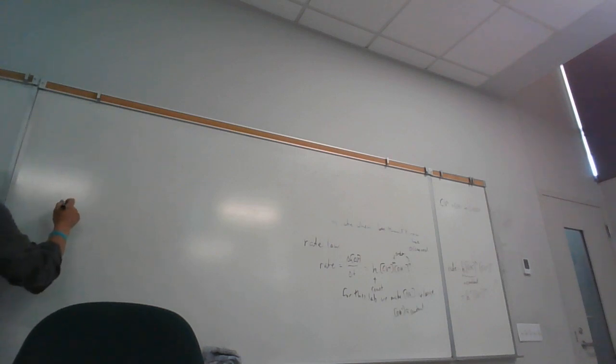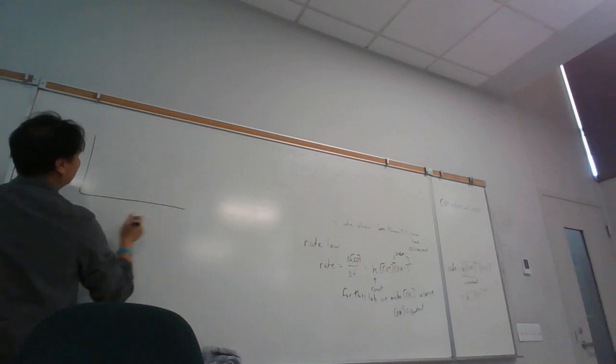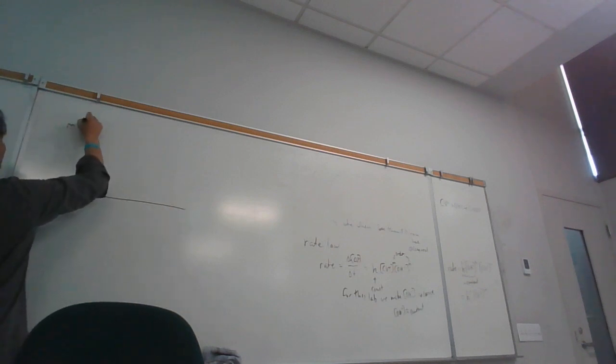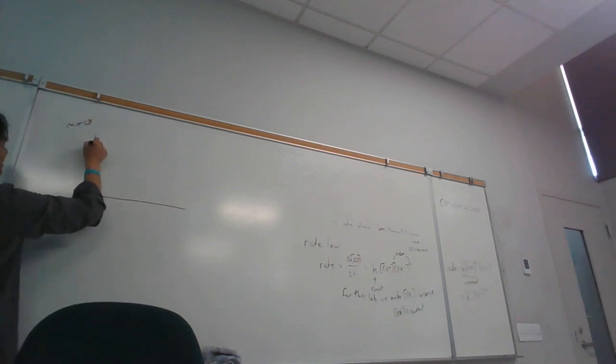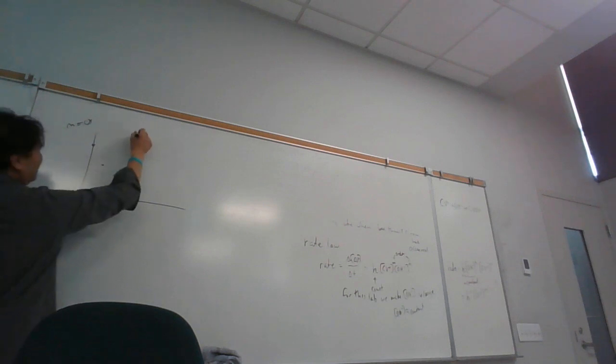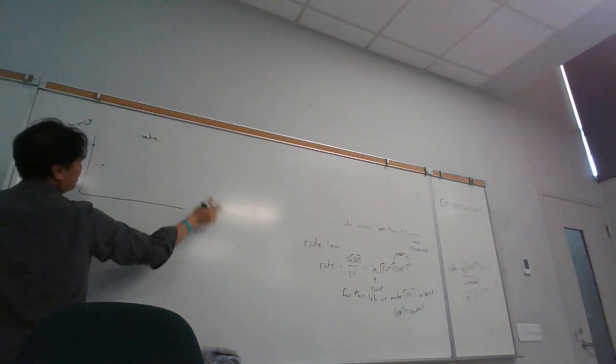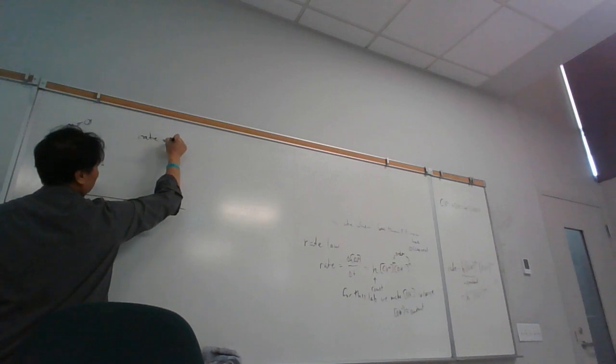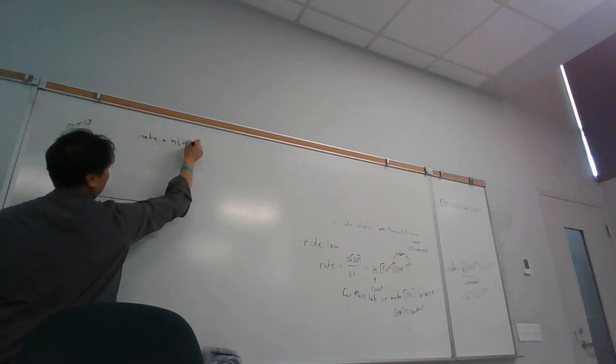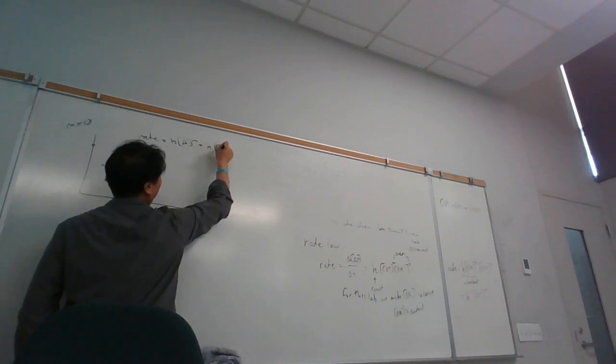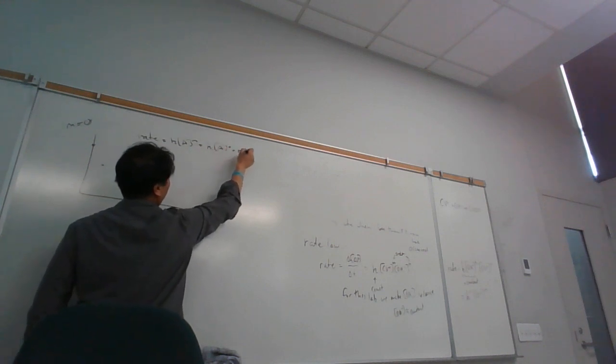The first scenario is this. This is when m equals 0. When m equals 0, then the rate, it's not necessarily for crystal violet, but we're just going to call it A, to the m is equal to k A to the 0, which is just going to equal k.